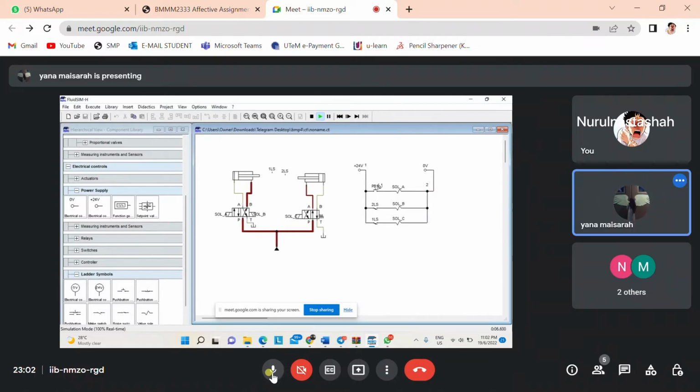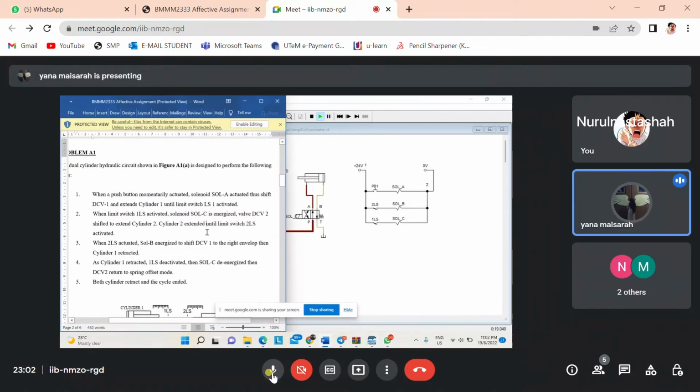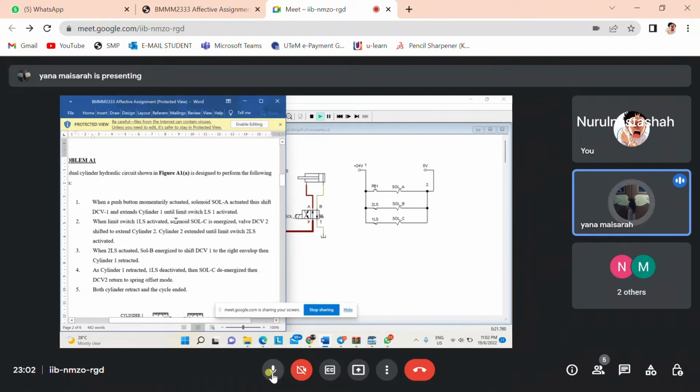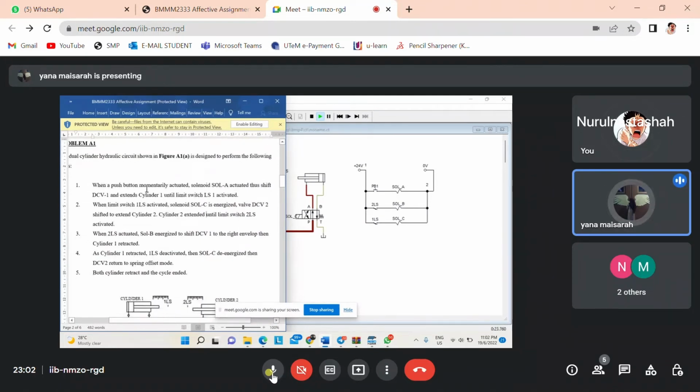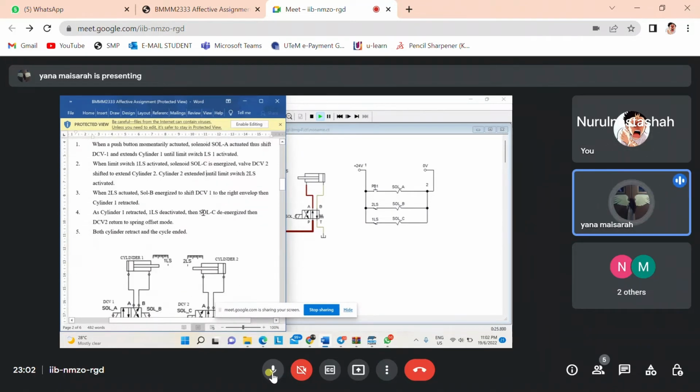I think the problem is already solved, right? Yeah, I think so. Basically it depends on the procedure, and we follow it accordingly.